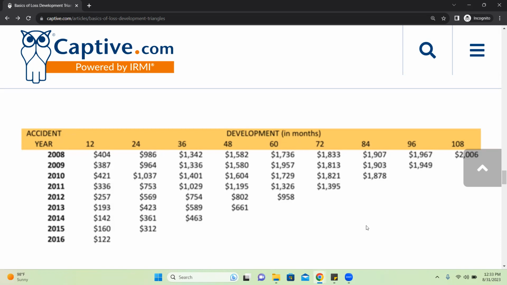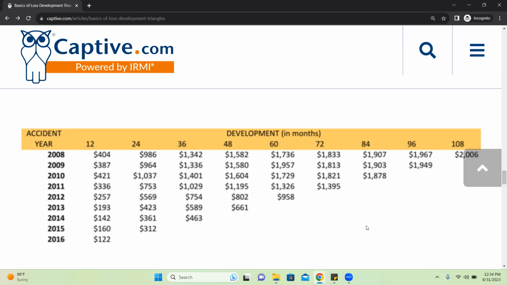And you can also find them within the last few pages of the audit report. So these are audited financial statements to fulfill a rule called ASU 2015-09 loss disclosures. And these loss triangles are prepared by actuaries.